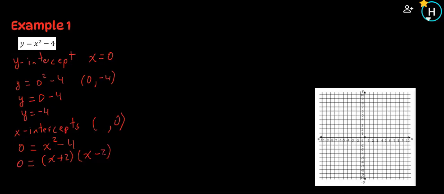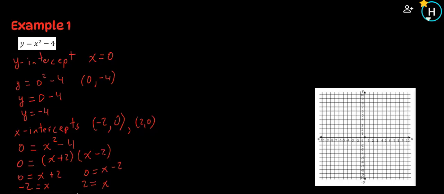Now we need to equal each factor to 0 and solve each linear equation. So x equals negative 2 and x equals 2. So the intercepts in this situation are (-2, 0) and (2, 0).